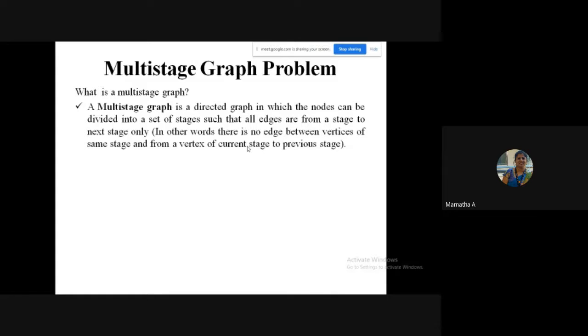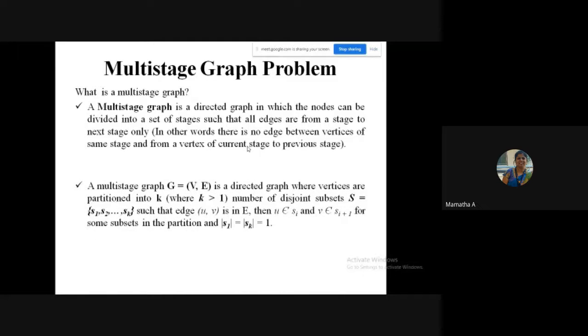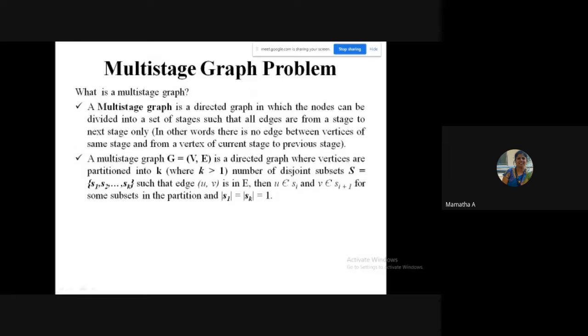Are you understanding? When we talk about the definition of a multi-stage graph, it's very simple. A graph G equals (V, E), where V is the set of vertices and E is the set of edges, wherein V is divided into K disjoint subsets.